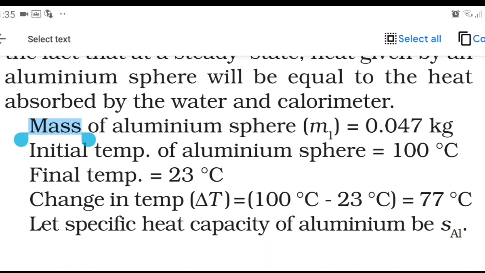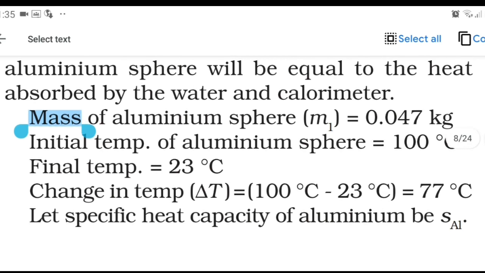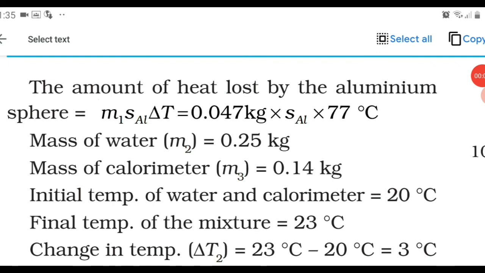And we assume its specific heat capacity to be S_Al because that is what we want to find. So the amount of heat lost by the aluminium sphere, m1 S_Al delta T, equals 0.047 into S_Al into 77. We keep it as such because S_Al we do not know.